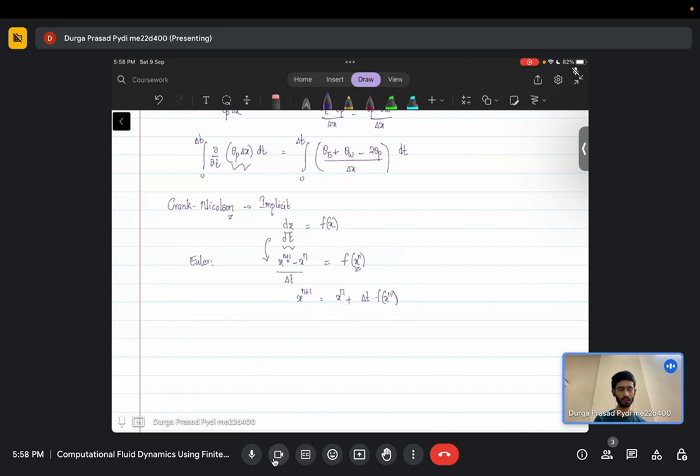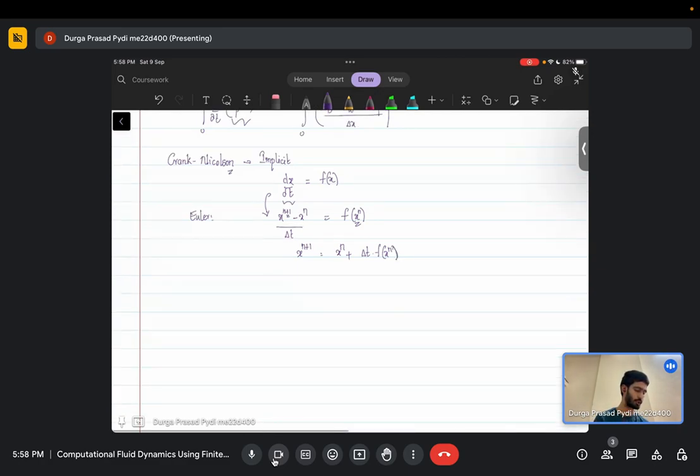This is forward Euler. Alternatively, you can do it in a different way, where you will write this as x n plus 1 minus x n by delta t, but instead, in an implicit method, you can write the right side with x n plus 1. So now you have to solve your equation x n plus 1 equals x n plus delta t times f of x n plus 1.